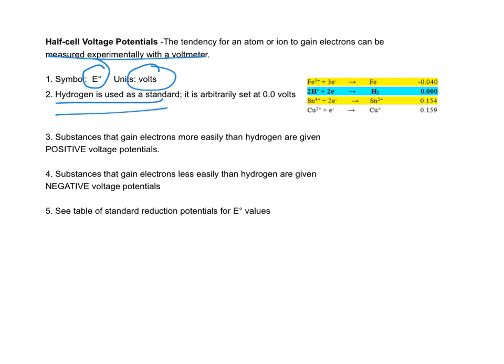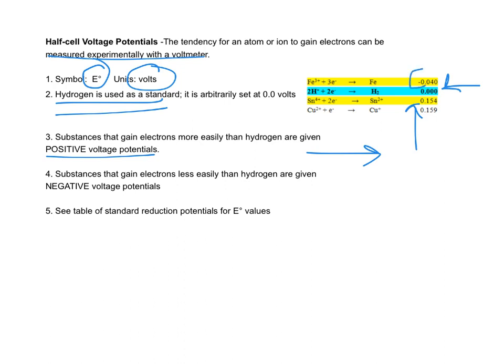Hydrogen has been arbitrarily decided as the standard, and so you're going to see hydrogen at 0. And then anytime you see a half reaction with a positive value or just there's no sign, those are substances with positive voltages. So they will produce electricity when that type of half reaction happens.